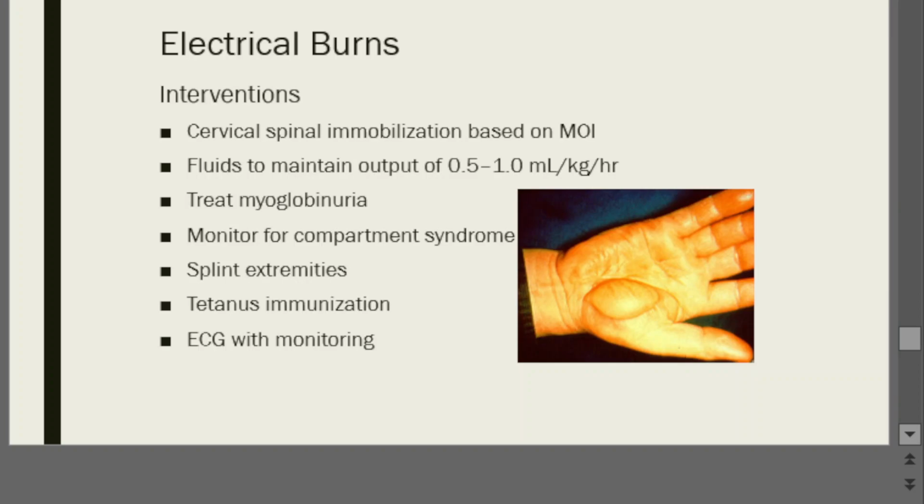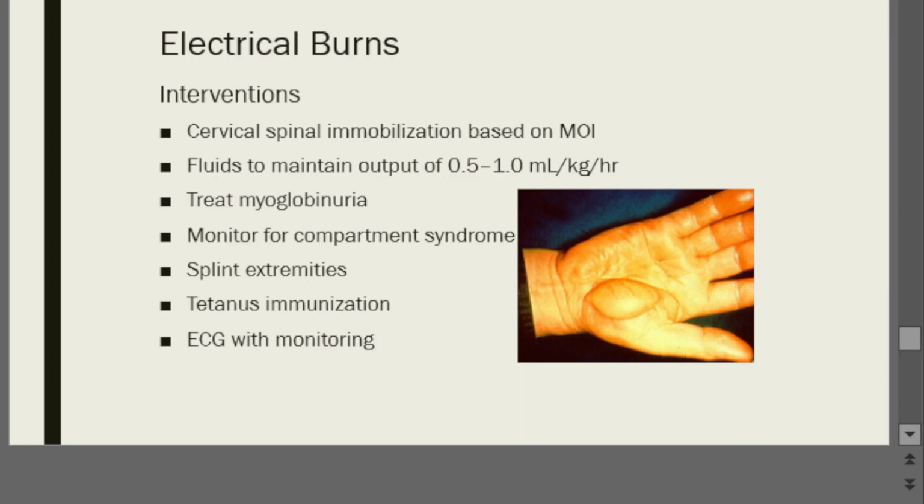We're going to maintain their fluids until their output is about 0.5 to 1 per kilogram per hour. With our electrical burns, they have a higher risk of having a rhabdomyolysis, and so we need to treat this myoglobin with extra fluids and really consider if they have rhabdo.